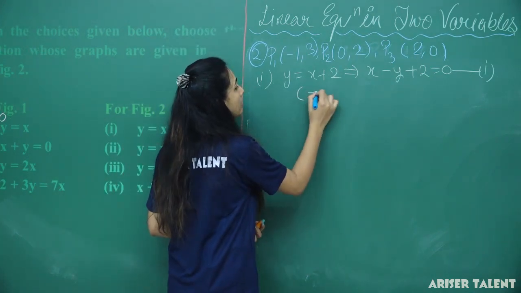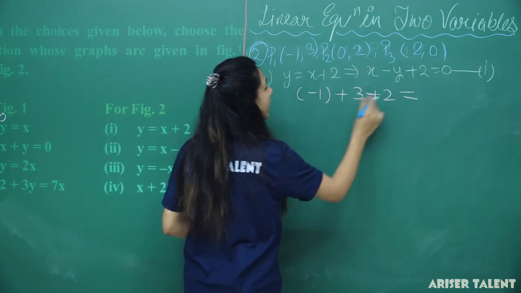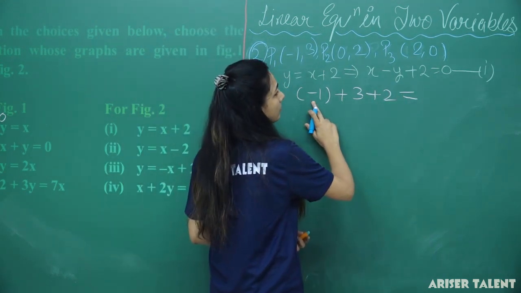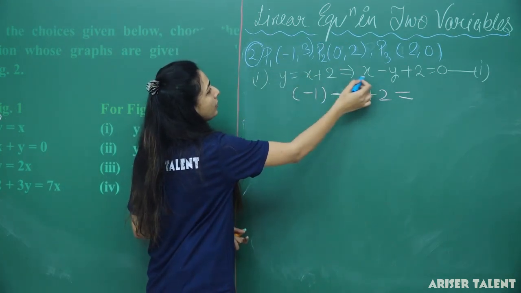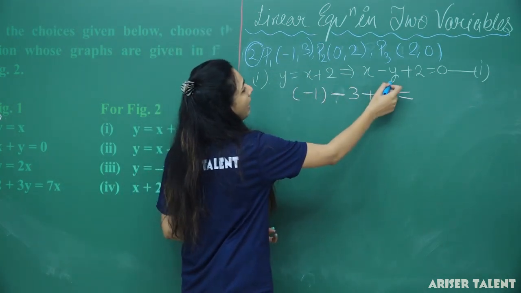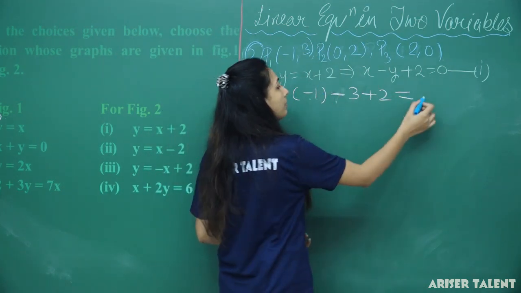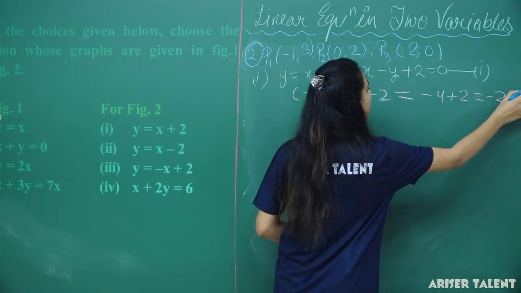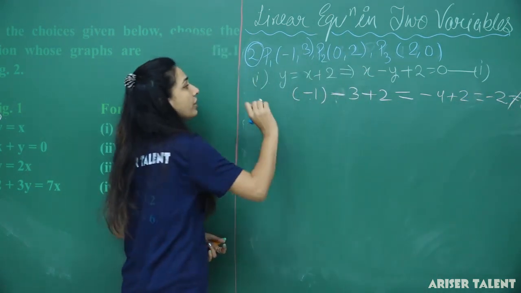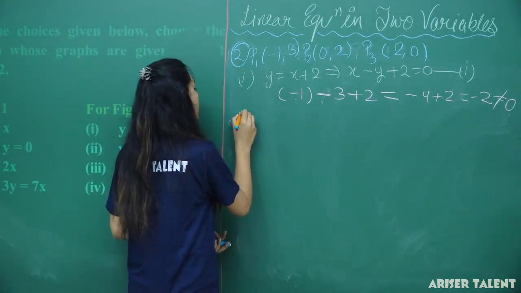So minus 1 minus 3 plus 2, that will be minus 4 plus 2, and that will be minus 2, and this is not equals to 0. Finish. We don't need to check it for P2 even.